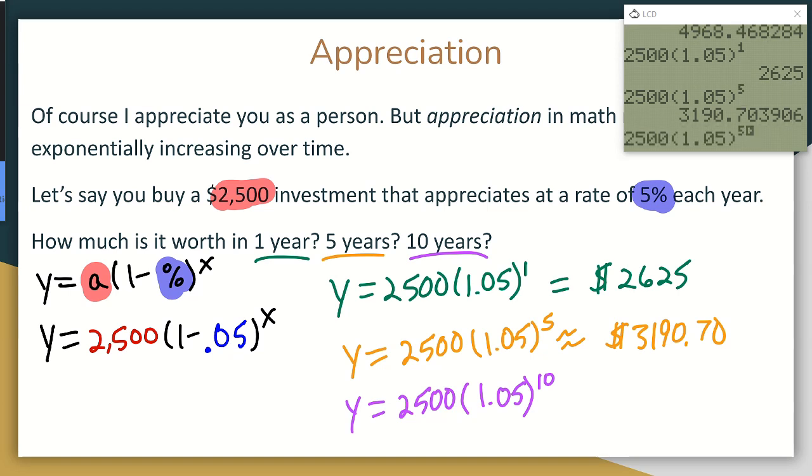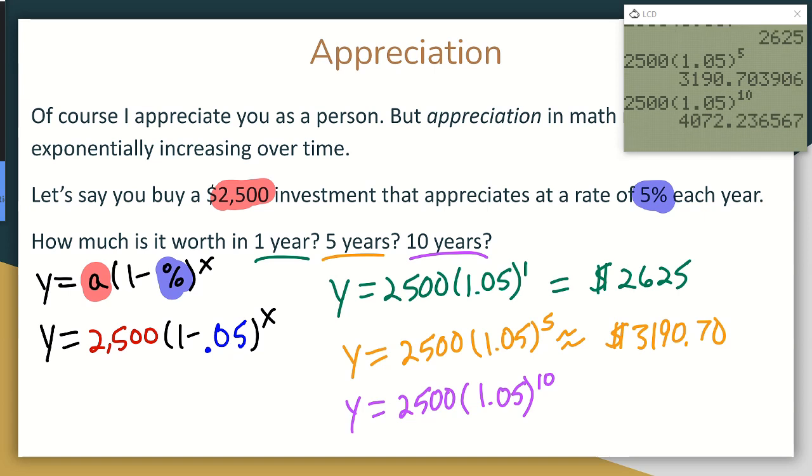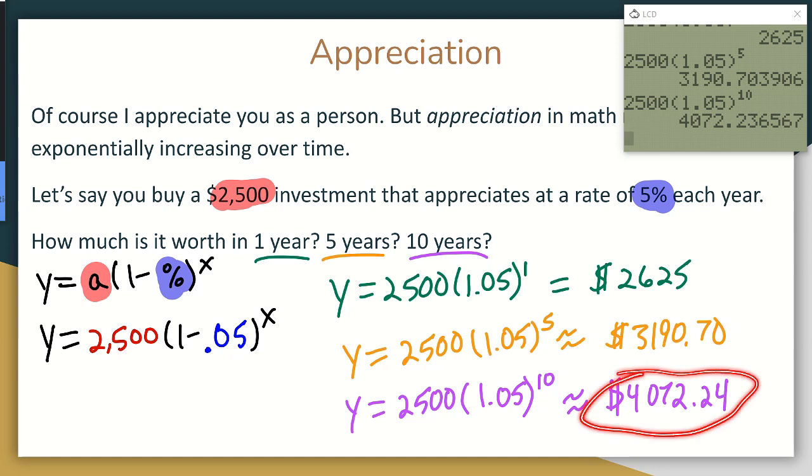And that will come out to be about $4,072.24. So you have an increase after 10 years of about $1,500.